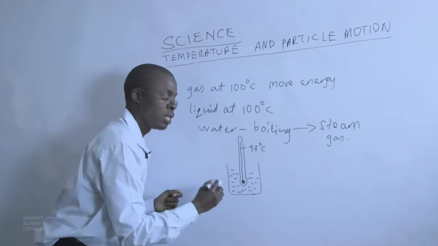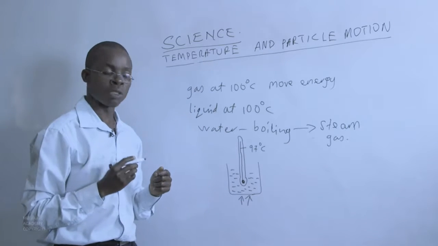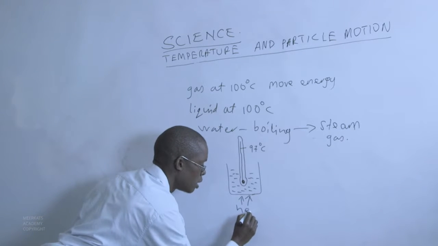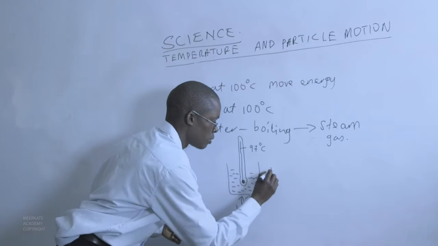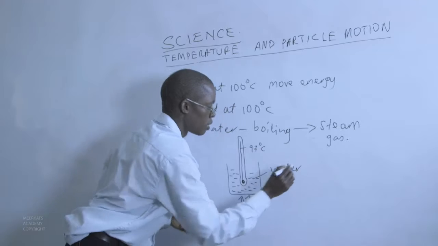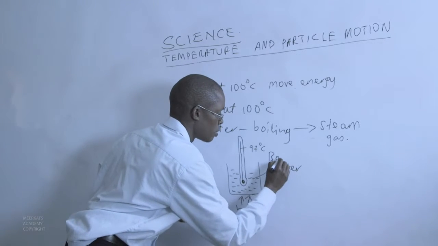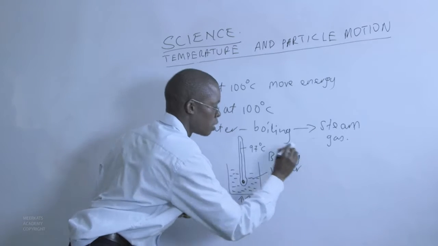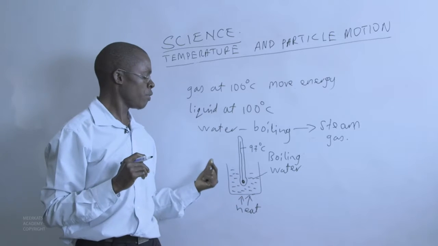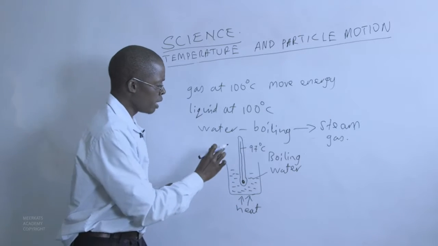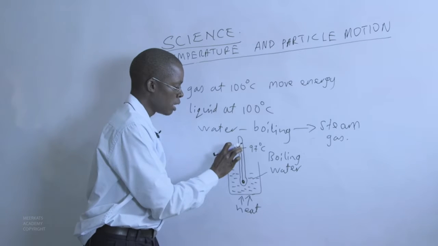This boiling water is still being heated, so heat is continuously being added to this water. The water is boiling. It will be found that the mercury reading will not go beyond 97. It will remain at 97.